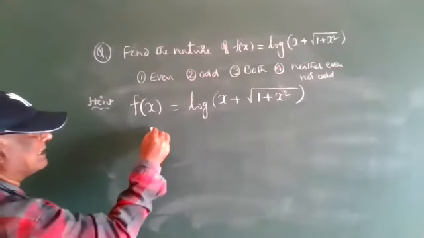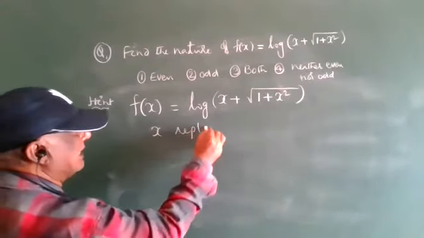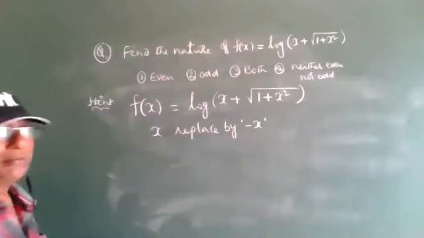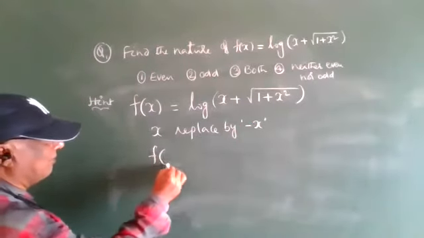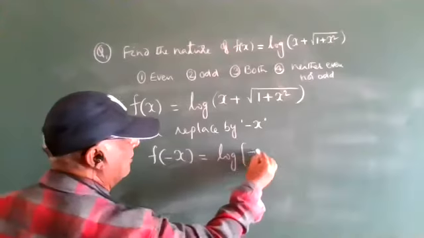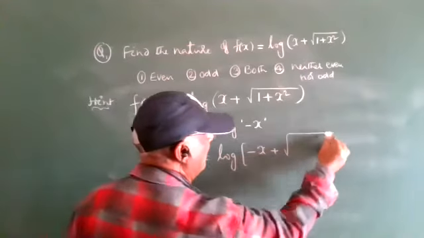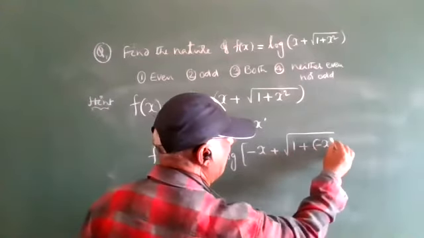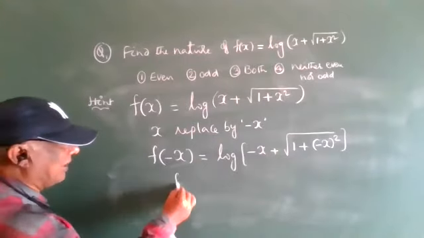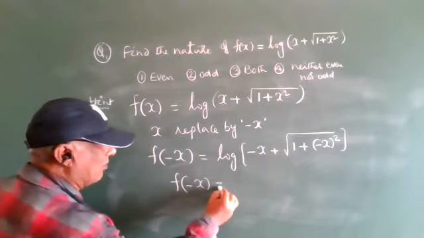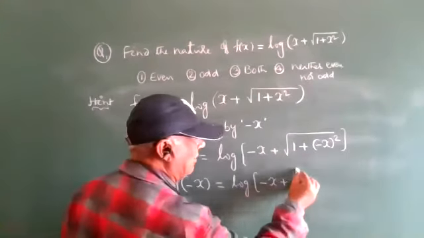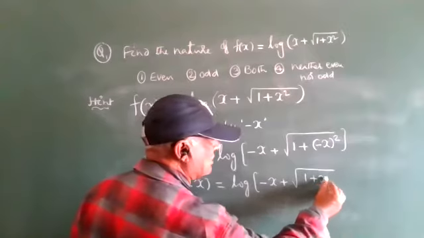x is replaced with minus x. Write down minus x immediately. f of minus x is equal to log of minus x plus root over 1 plus minus x square.